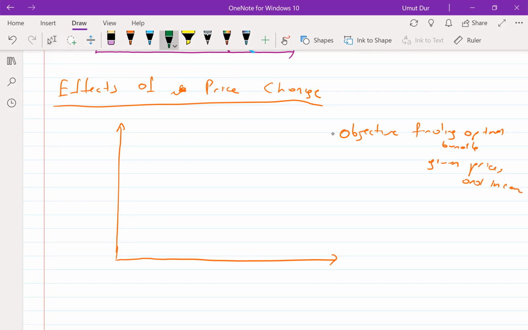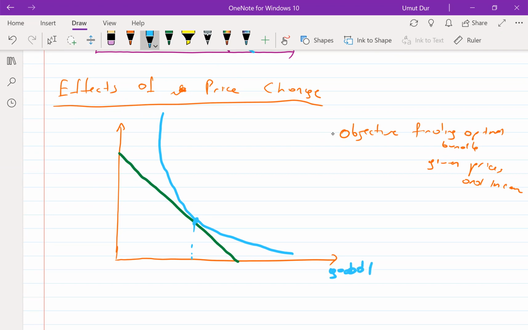Graphically, what we are doing is we have a budget line and we have an indifference curve here, which is tangent to the budget line. So this is good 1, this is good 2.